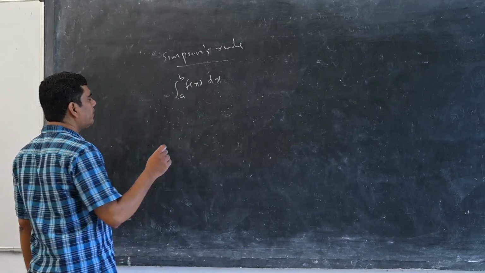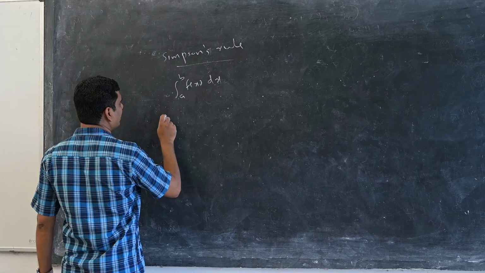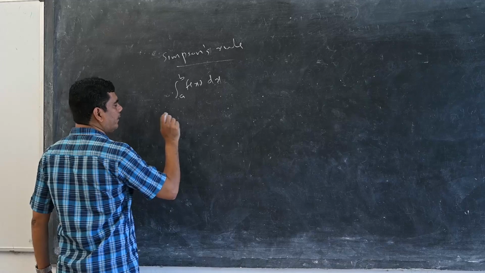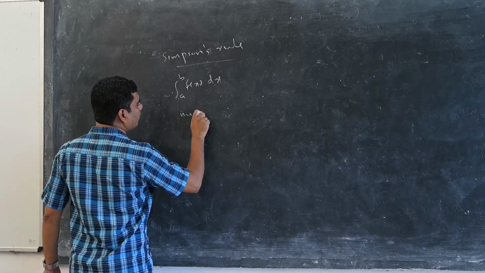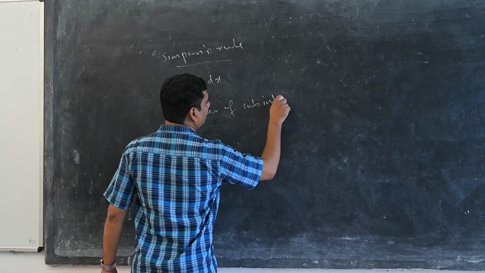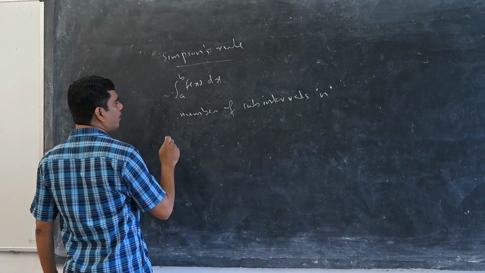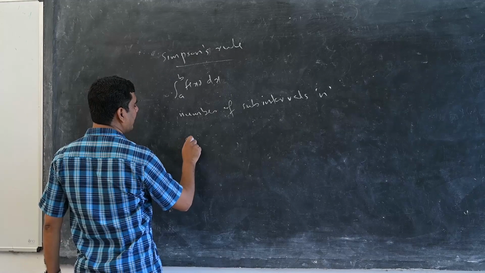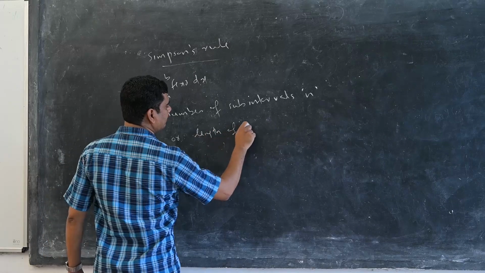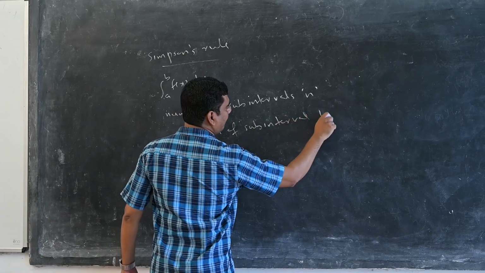For this, either we are given the number of subintervals n, or we are given the length of the subinterval h.